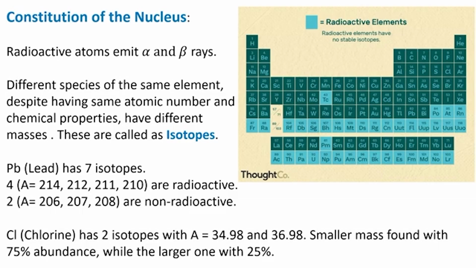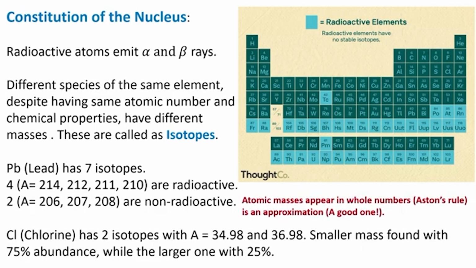In fact, you might have heard of radium watches, which were very common earlier, but because of radium's radioactive properties, they were discontinued. The light blue colors show the radioactive elements, which means that they have no stable isotopes, and the nuclei of these elements emit alpha and beta rays.